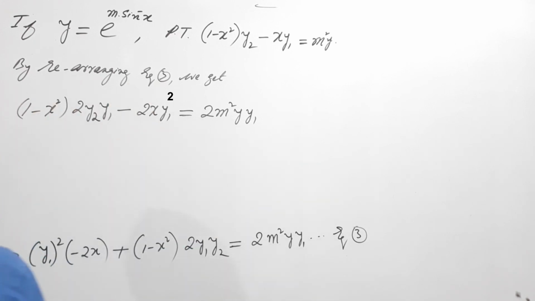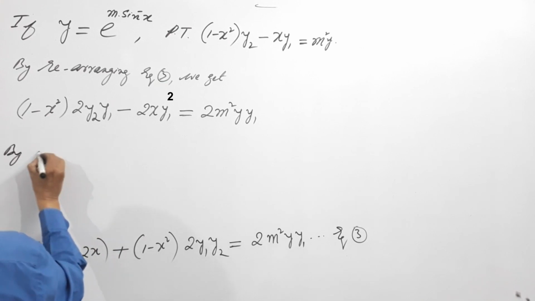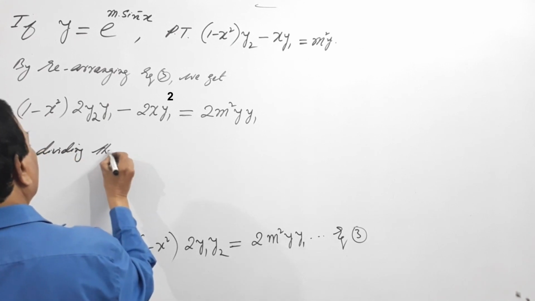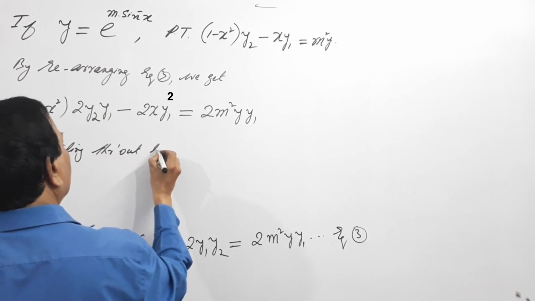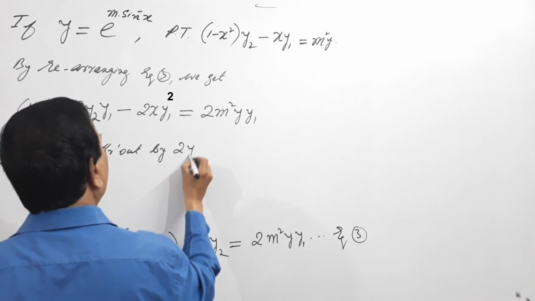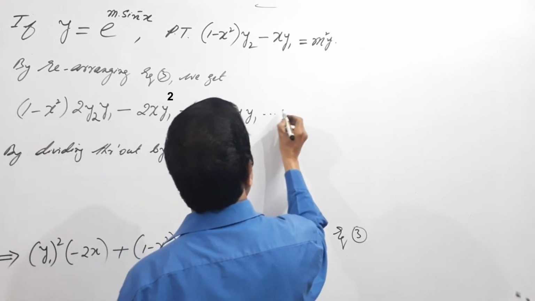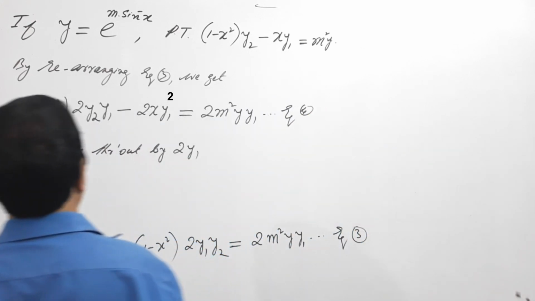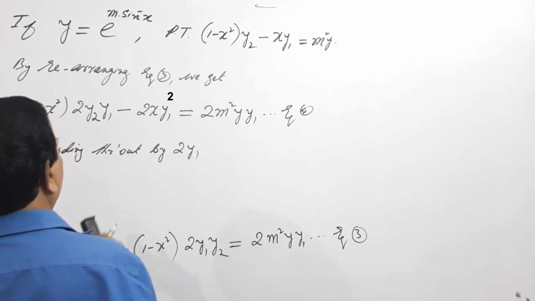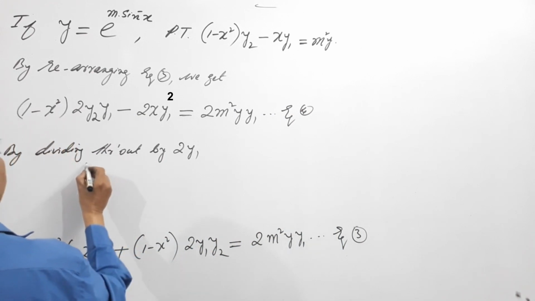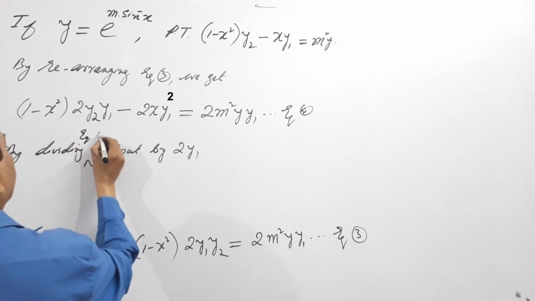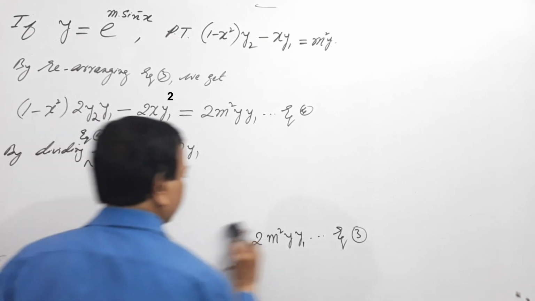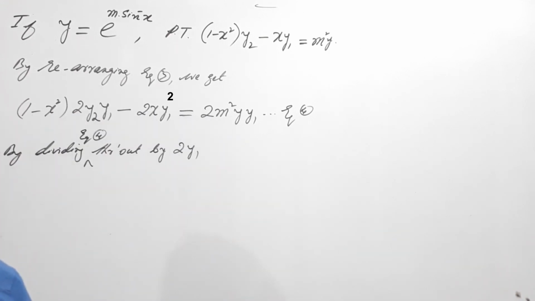What happens? Look at this. By dividing throughout by 2y1, I call this equation 4. By dividing equation 4 throughout by 2y1, what happens?